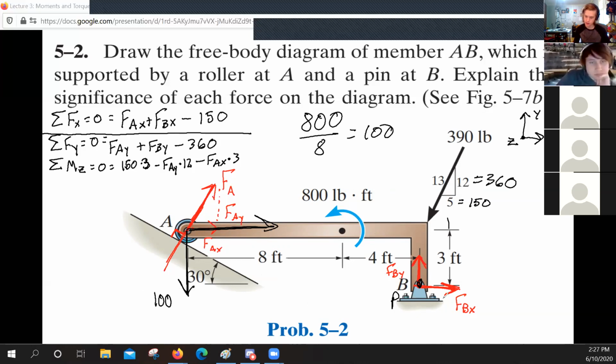So I can now say, and this is counterclockwise, so it's positive, I can say 100 times 12. So basically we're taking this and converting it into that, okay? Does that make sense to everyone? I think it does.